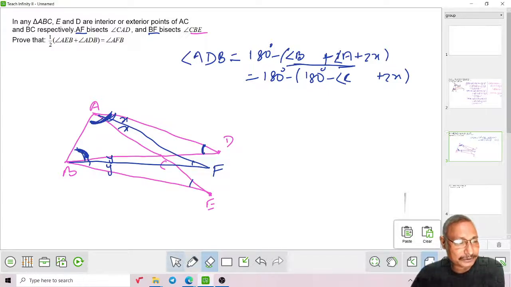By opening the bracket we got C minus 2X.